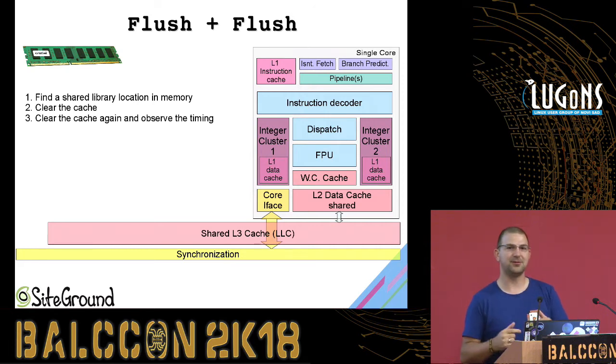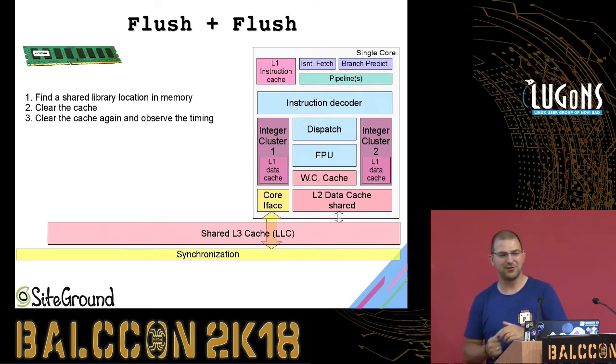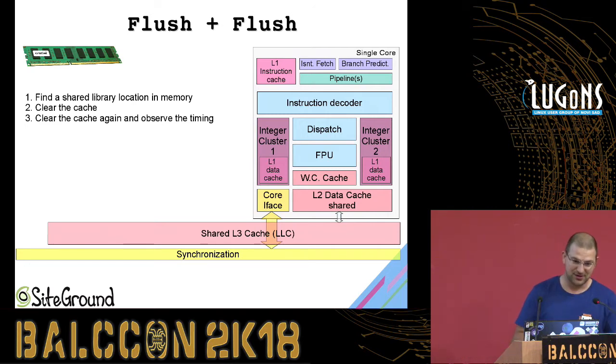So if you try to address the attack and detect it by simply checking for the cache misses, you're not in luck, because someone would simply switch to the next attack 2 years later, Flush+Flush, which only requires for you to flush and flush again the caches.